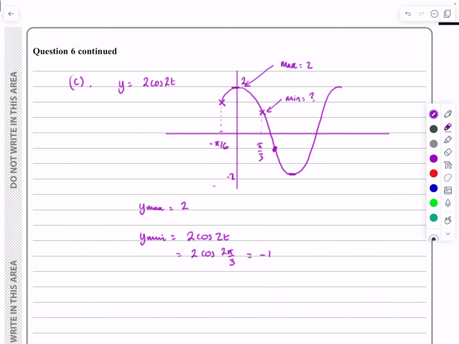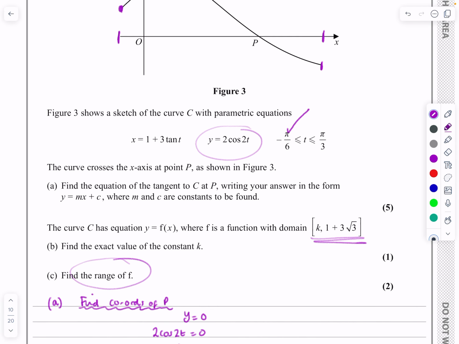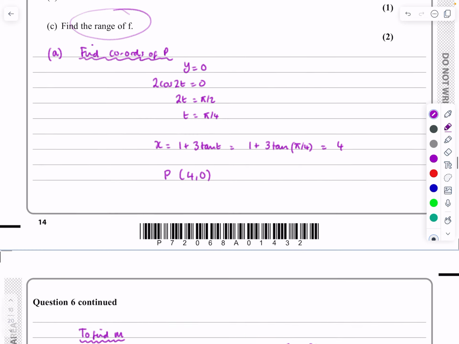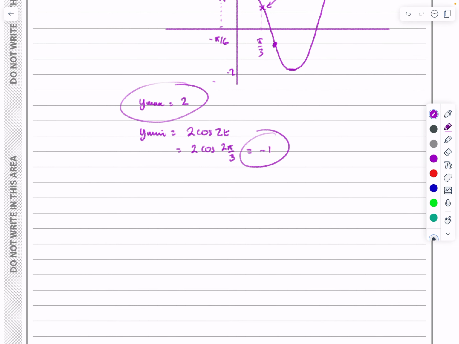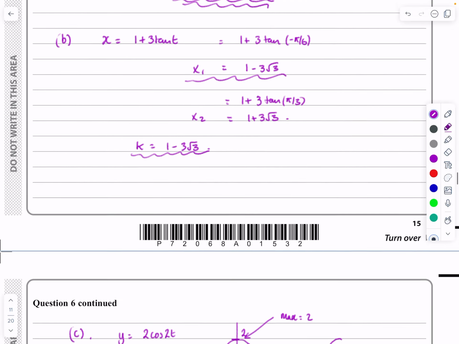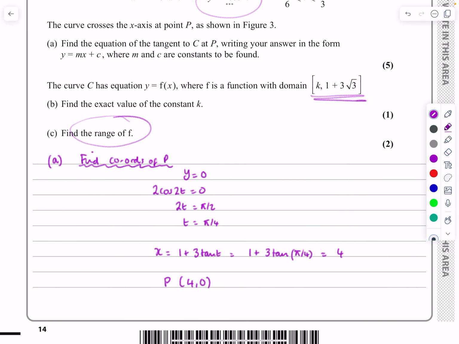The sketch doesn't need to be amazingly accurate here, but if you just put in the two end values for the y, you'd have got one of them right, but you would have got the other one wrong. So that's why I've explained it in so much detail here: the y values go between 2 and minus 1. So doing that properly, between 2 and minus 1 would be the actual range of the function there. Okay, hopefully that last part does make a little bit of sense to you.